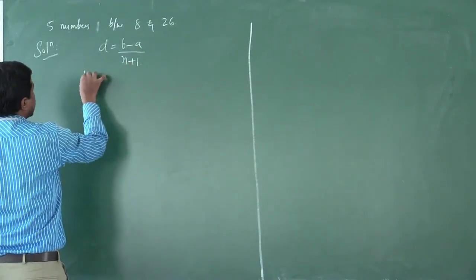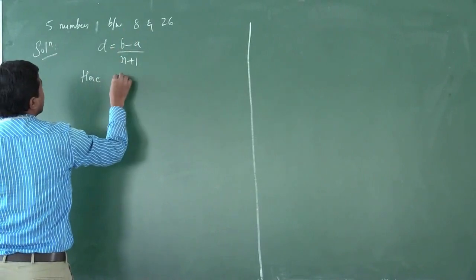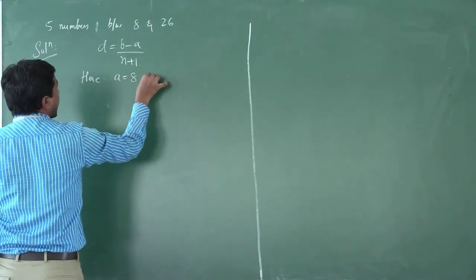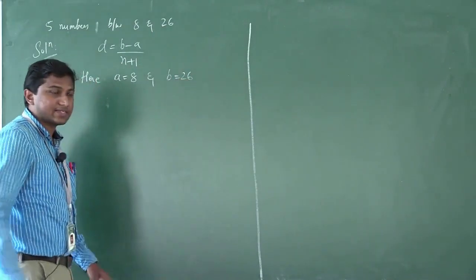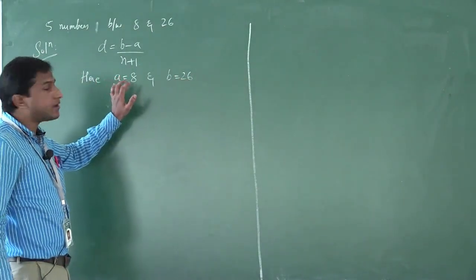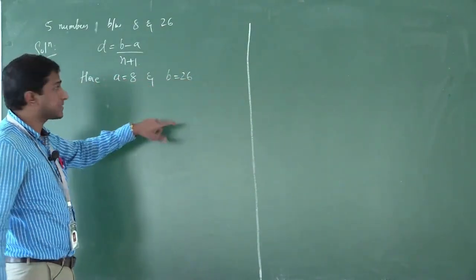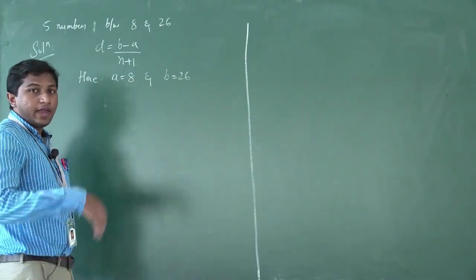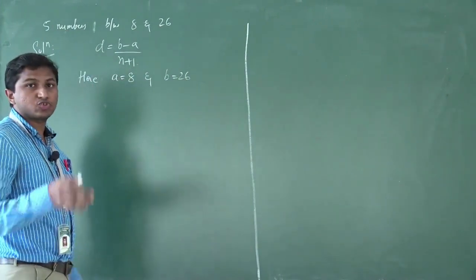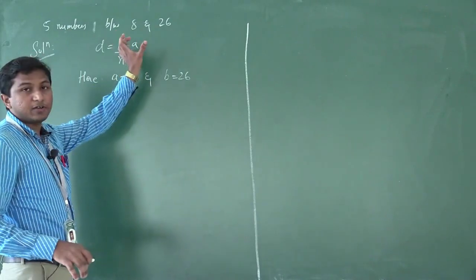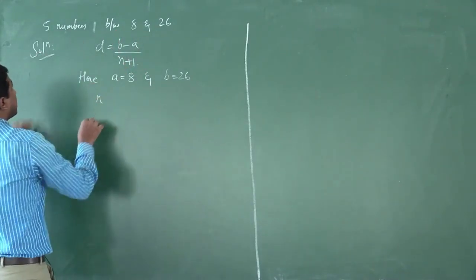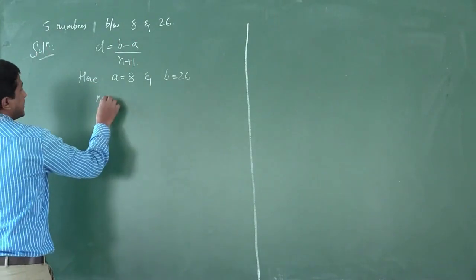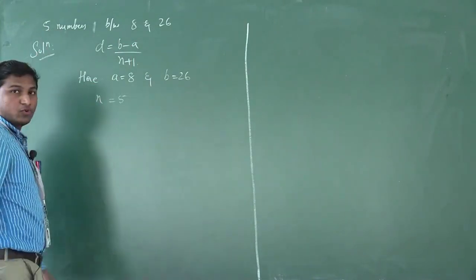Here I can take a as 8 and b as 26. What is n? N is the number of terms to be inserted in between the given two numbers. We have to insert 5 numbers, hence n will be equal to 5.